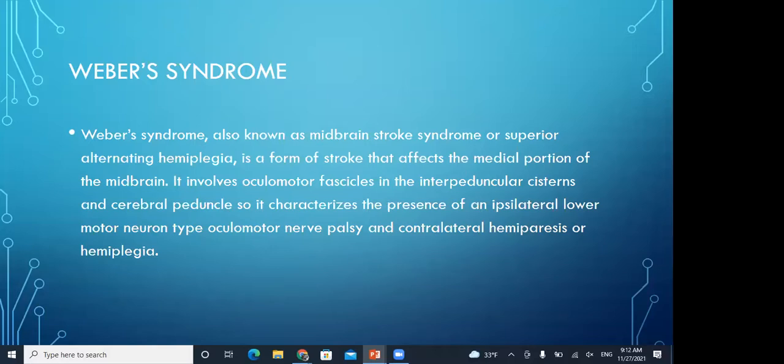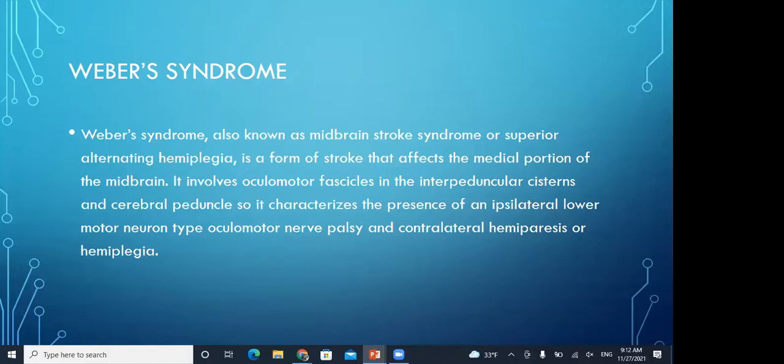Weber's syndrome, or midbrain stroke syndrome, or superior alternating hemiplegia, is a form of stroke that affects the medial portion of the midbrain.